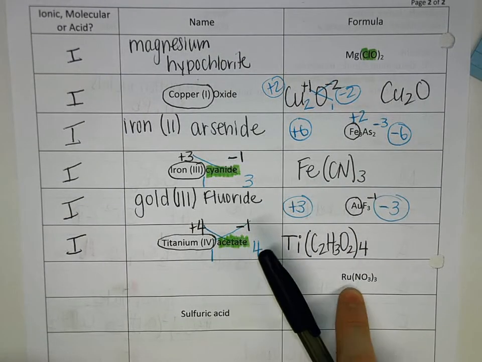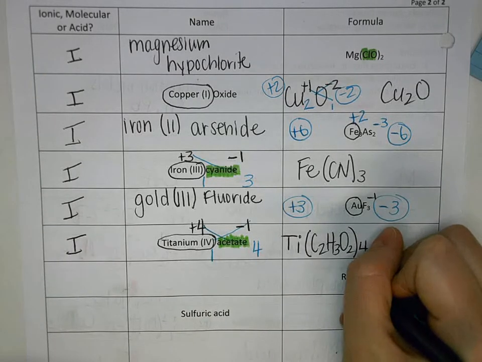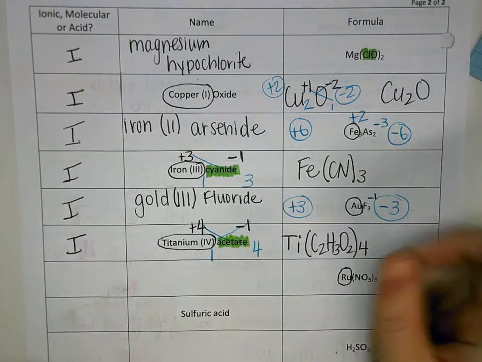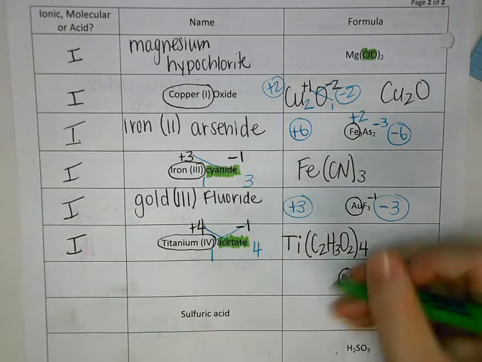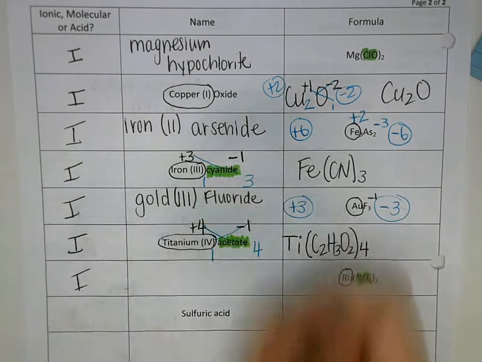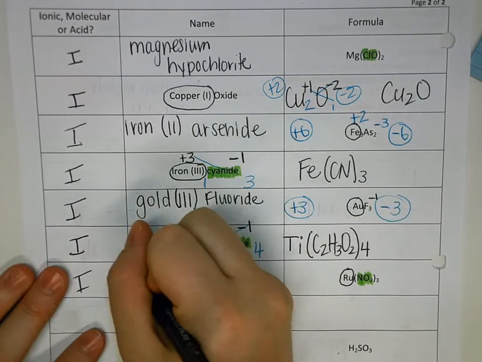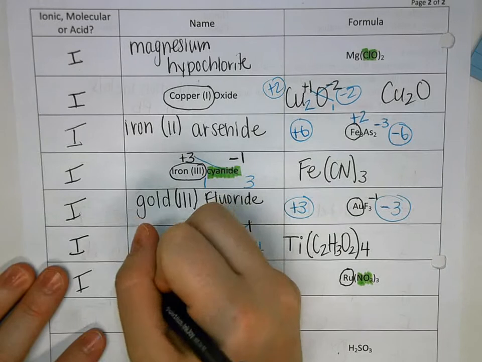Next one is RuNO3. So Ru is a transition metal, and nitrate NO3 is a polyatomic ion, which means this compound is ionic. So the name of Ru is ruthenium.